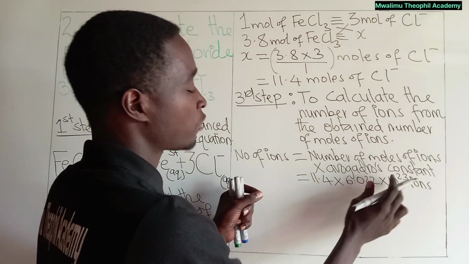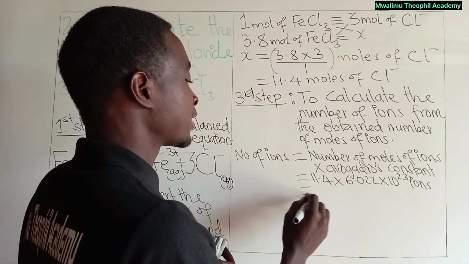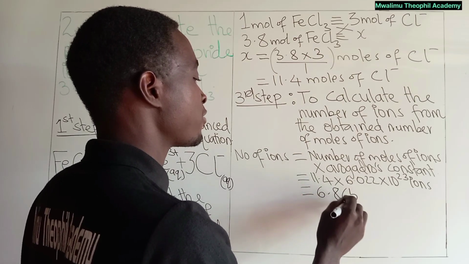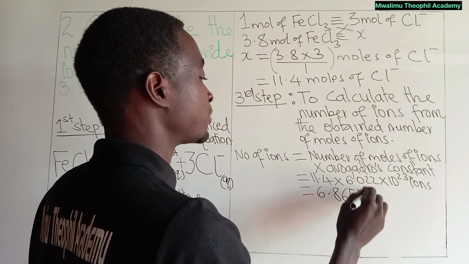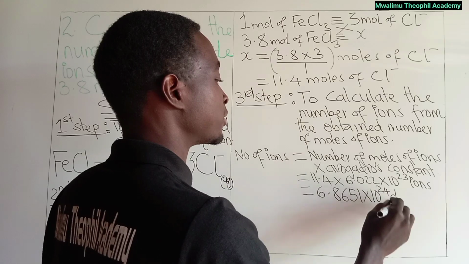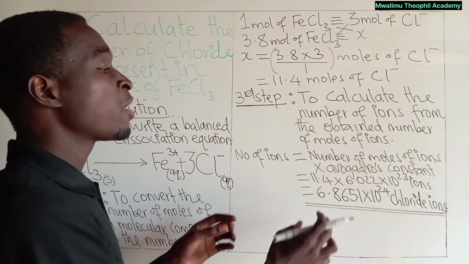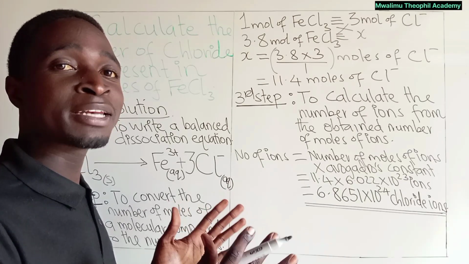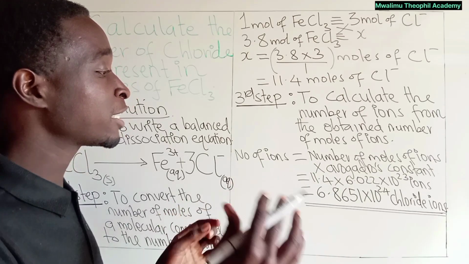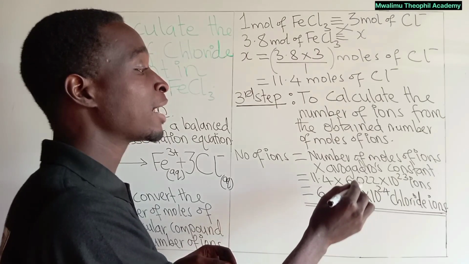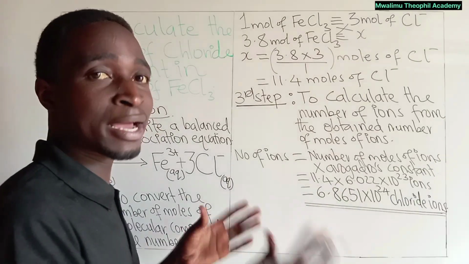After multiplying these two values, you get 6.8651 times 10 raised to 24 chloride ions. So we may conclude that when 3.8 moles of iron 3 chloride dissociate completely, it gives 6.8651 times 10 raised to 24 chloride ions.